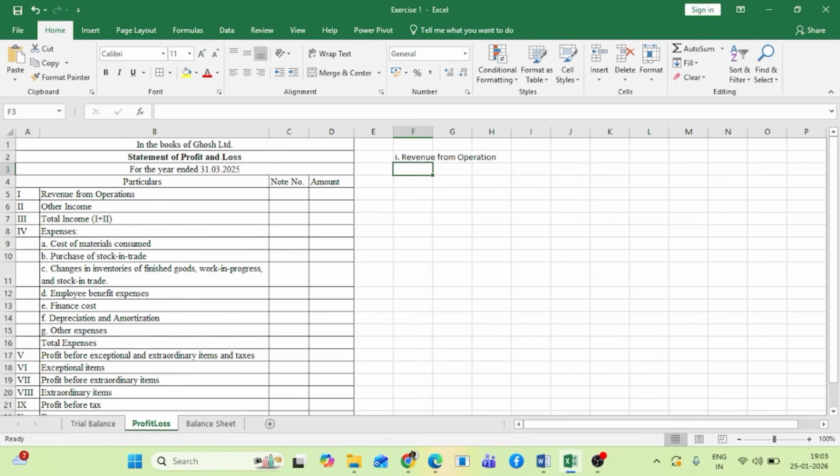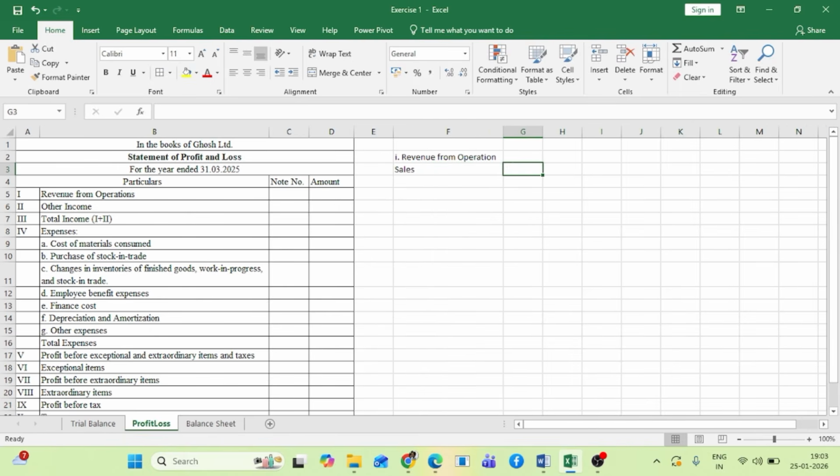So I will write down the sales amount. My sales amount is 5 lakh. Now I have the adjustment also, because the sales return is there, so I will subtract the sales return.